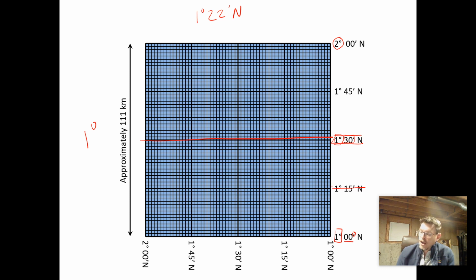So that's going to be in between these two. I'd count off: 16, 17, 18, 19, 20, 21, 22. So 1 degree 22 minutes north is that parallel right there going across the map.